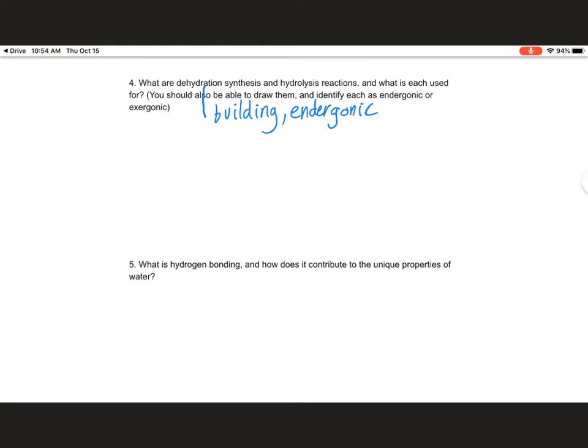This is construction of molecules that you need, proteins, DNA, whatever is needed for the body. And then the hydrolysis reactions, this is breaking down those macromolecules and releasing the energy that's stored in those bonds. So that energy can be used for something else, maybe used for a dehydration synthesis reaction.